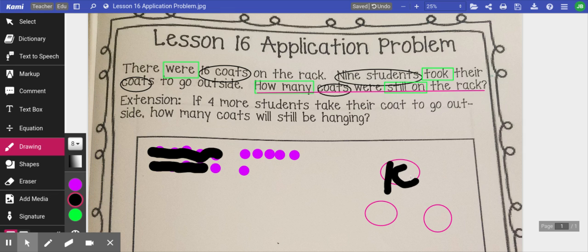And I know one of my numbers is 9. And I can count my dots over here to find out what my other number is. That's 6 dots plus 1 dot equals 7 dots. So 9 and 7 equals 16. I'm going to draw my lines from my number line to connect it to my whole number.